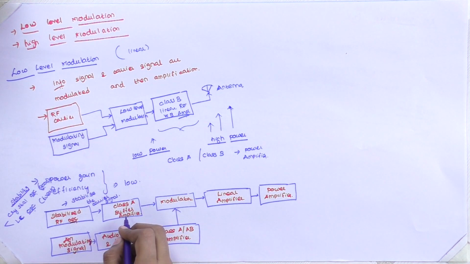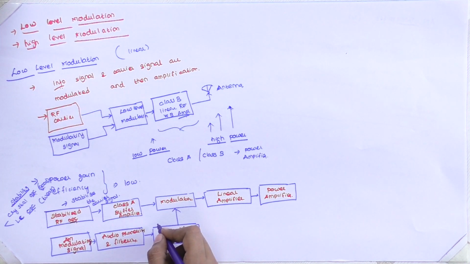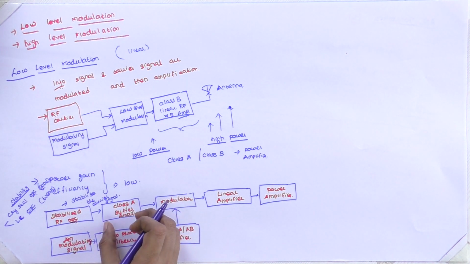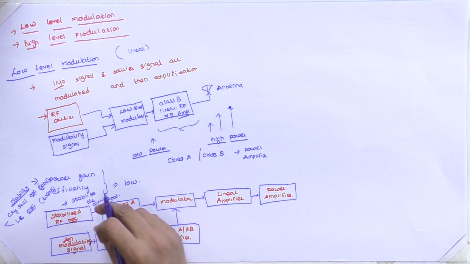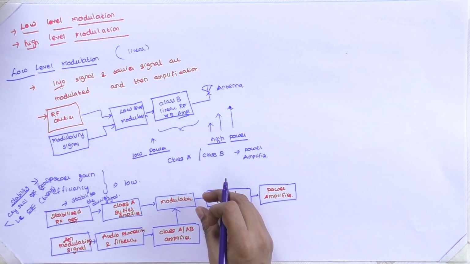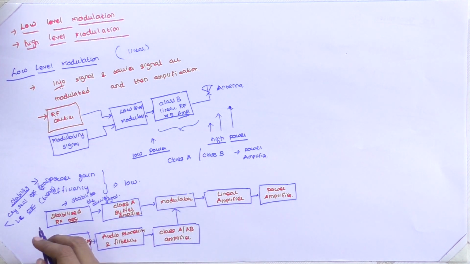Followed by the stabilized RF oscillator, we use the class A buffer amplifier in order to remove the high frequency component and low frequency component. Only the carrier frequency component must be fed as one of the inputs to the modulator. Again, this is our second, modulating signal path. The modulating signal audio processing and filtering is done prior to the amplification.